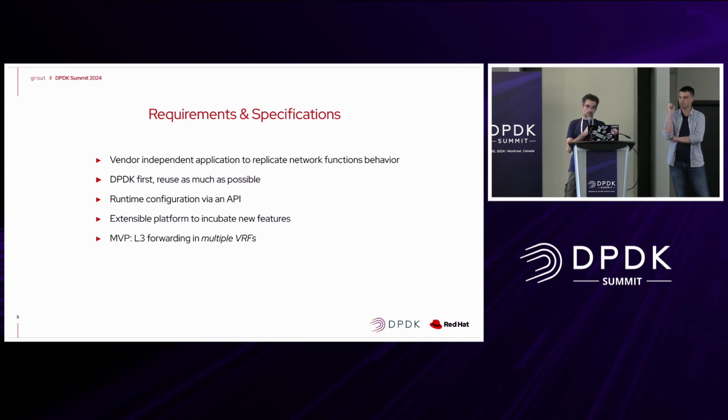For the MVP, just layer 3 forwarding, with the added difficulty of multiple VRFs, meaning that we wanted to be able to handle multiple routing tables. And obviously, we are doing free open source software.